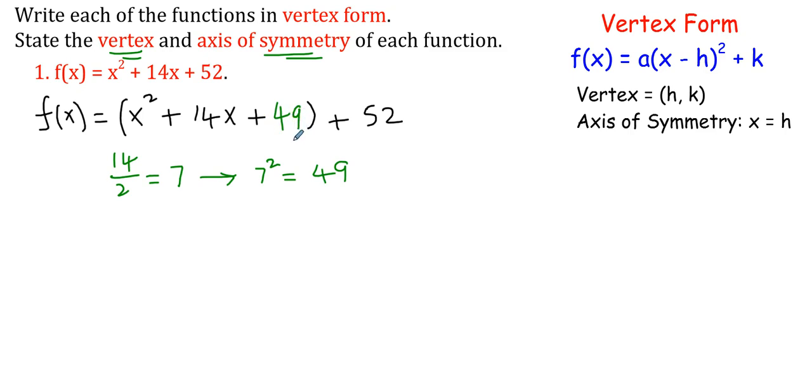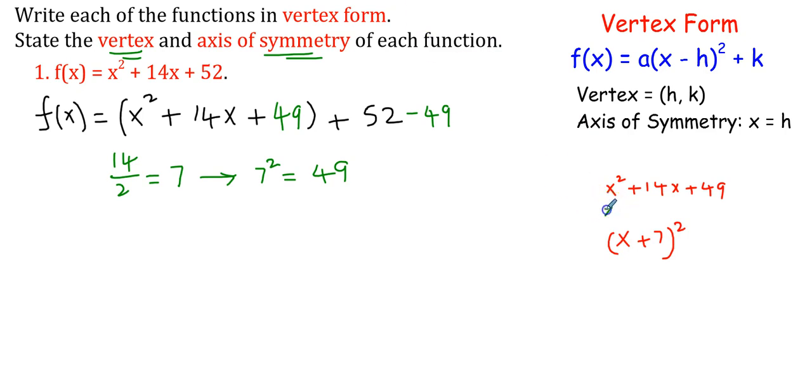The space I left, 49. So because I added 49 to this expression f of x, the same 49 I should take it away. So adding and subtracting 49. 49 is added and subtracted. Good. Now this x squared plus 14x plus 49 changes to x plus 7 whole square. You know why?